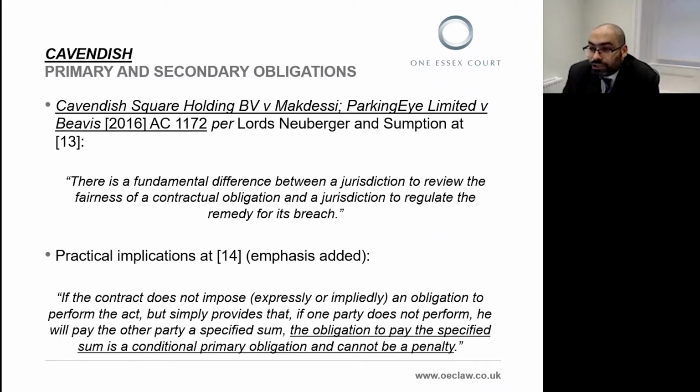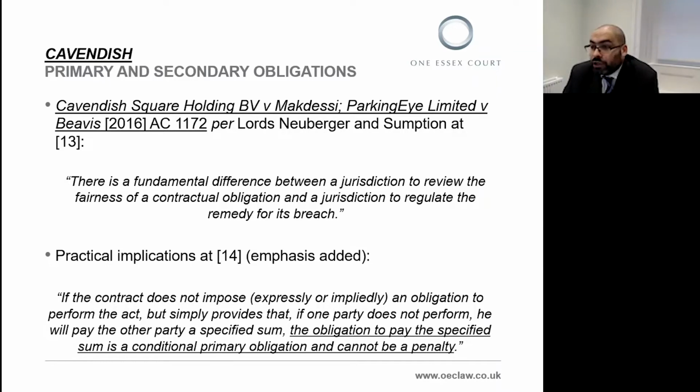Their lordships dealt with this concern by recognising that the rule only interferes with secondary obligations, the consequences of breach, not primary obligations. At paragraph 13, they said this: "There is a fundamental difference between a jurisdiction to review the fairness of a contractual obligation and a jurisdiction to regulate the remedy for its breach."